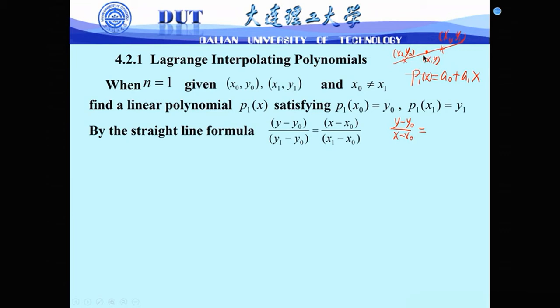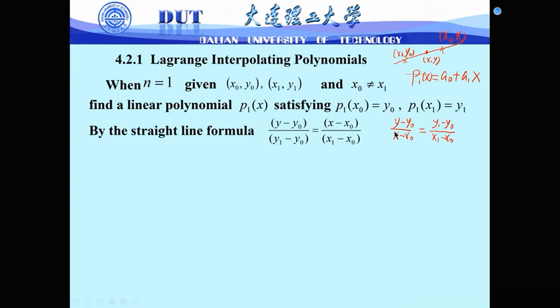This slope is equal to the slope of the two points (x0, y0) and (x1, y1), which is y1 minus y0 divided by x1 minus x0. Because they lie on the same straight line, they have the same slope, right?